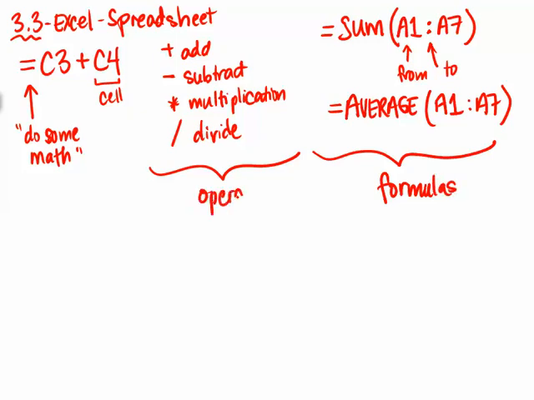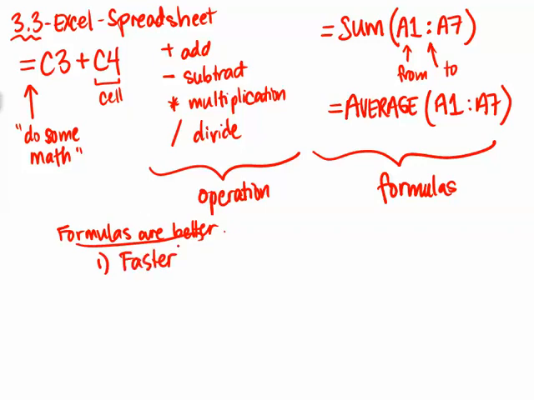Why are formulas or operations important using cells in Excel? Well, here's why. Formulas are better than just typing in the numbers because, number one, it's faster than adding up plus plus plus all the time; I can just use the colon to go from one cell to the next.